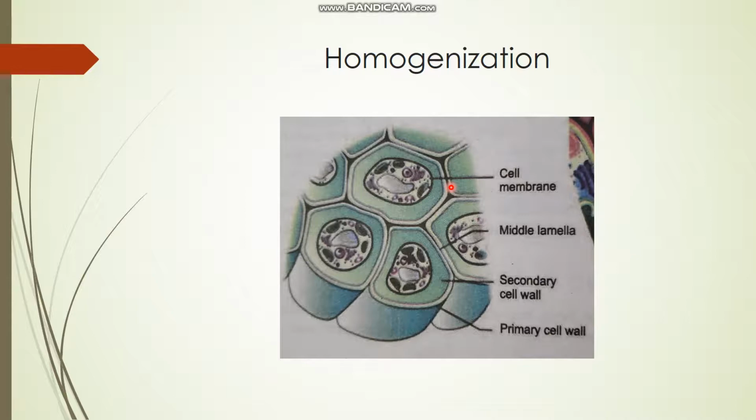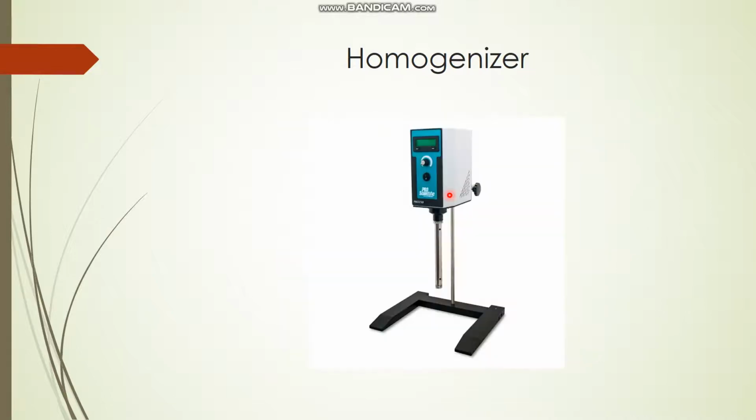So for this purpose we use pectinase, because this middle lamella, this cementing substance, is made up of pectin, and to break it we need an enzyme, that is pectinase, and we do it in a homogenizer. What you are looking at is a homogenizer.